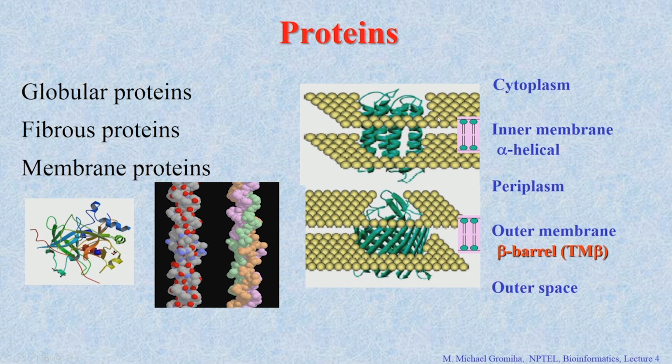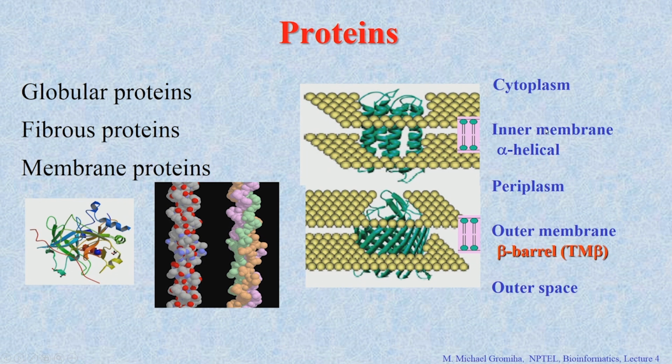If you look into these membranes and the structures of the proteins accommodated within this membrane region, in the inner membrane the proteins mainly have alpha helical conformation, mainly from the functional point of view. And if you see the outer membrane, between periplasm and outer space, they are mainly with beta sheets. These are also called beta barrel membrane proteins.